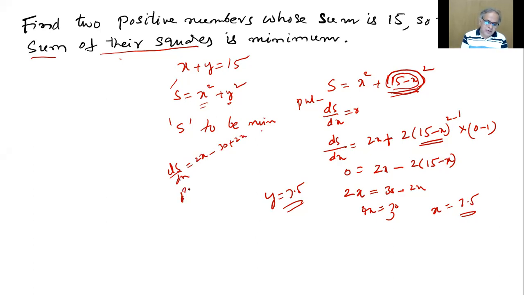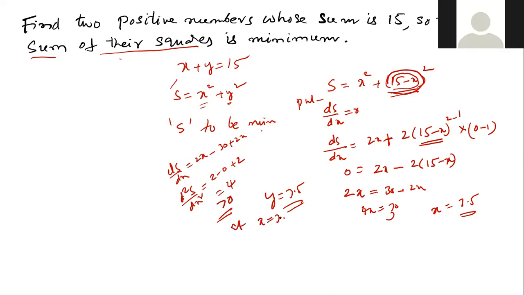So the second derivative is 4, since 2x gives 2, this is 0, and this is 2, which is greater than 0. Therefore, at x equals 7.5, S is minimum.